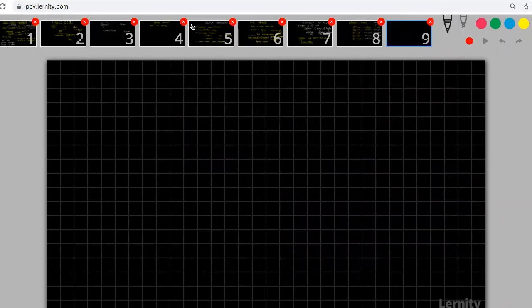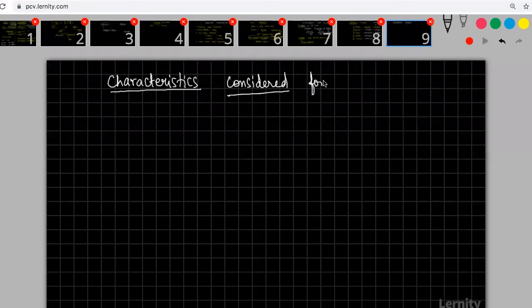So now we are going to study the characteristics considered for classification.